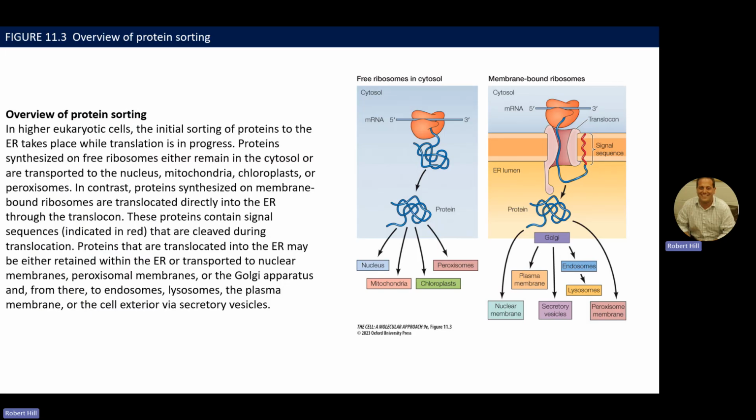This is becoming part of the endomembrane system, right? So they're going to the Golgi. They're going maybe directly to the plasma membrane, or they're going to go from the Golgi to the plasma membrane, the nucleus, lysosomes. So we're going to talk about endosomes today. Endosomes are like a premature lysosome. So you can know that for now, and then we'll talk about the different types of endosomes later.